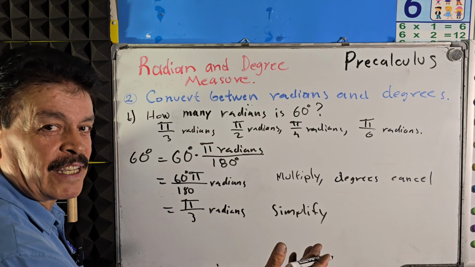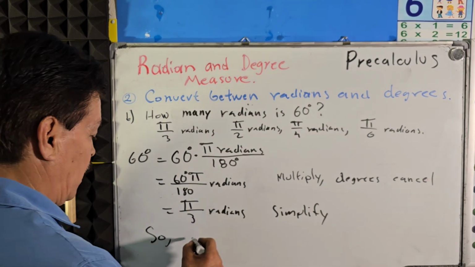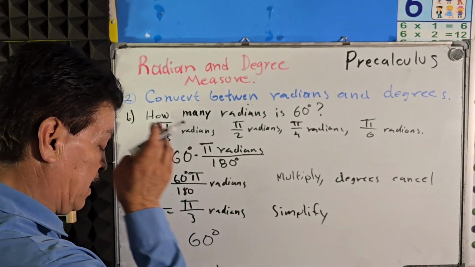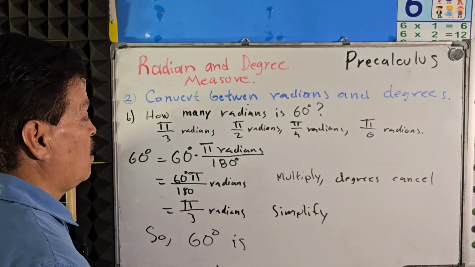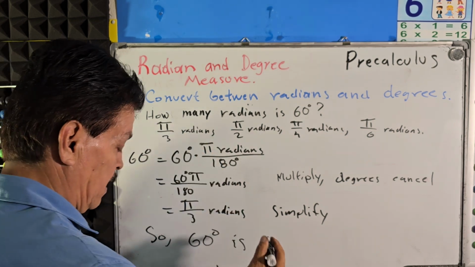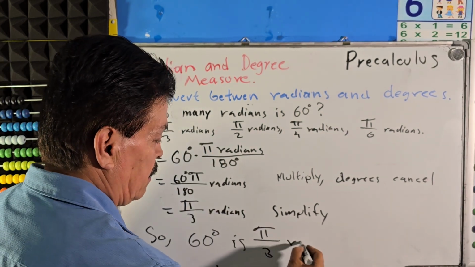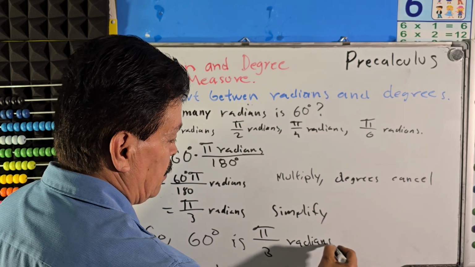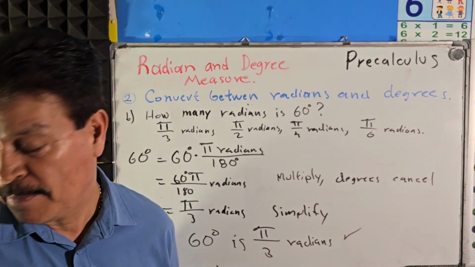It's very, very easy. It's not hard. So 60 degrees is which one? The first one I gave you, pi divided by 3 radians. All right? Very, very simple.